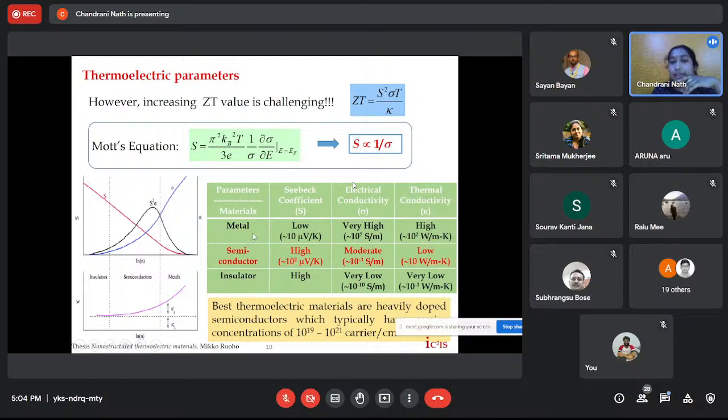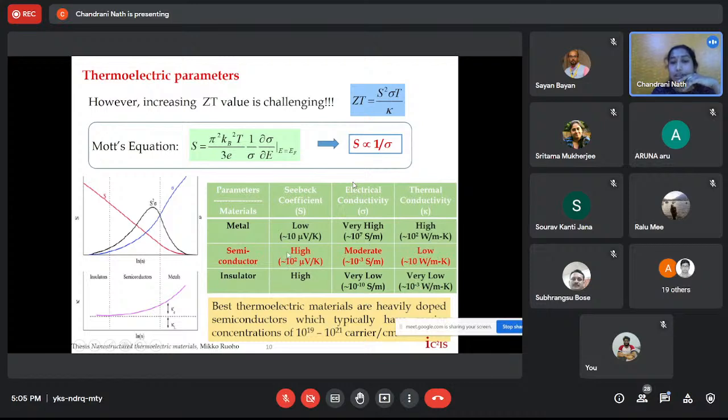For metal, we have very low Seebeck coefficient and very high electrical conductivity, as well as very high thermal conductivity. Insulators, on the other hand, have very high Seebeck coefficient, but very low electrical conductivity and very low thermal conductivity as well. So what comes in between?